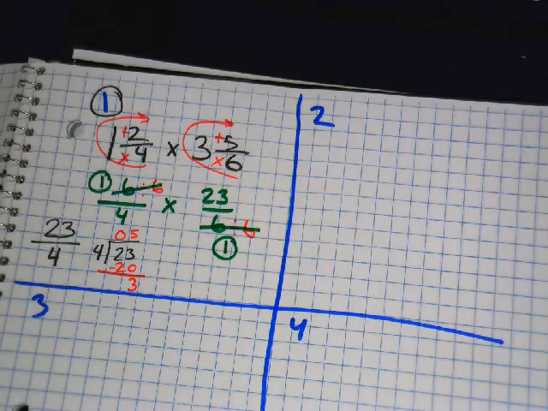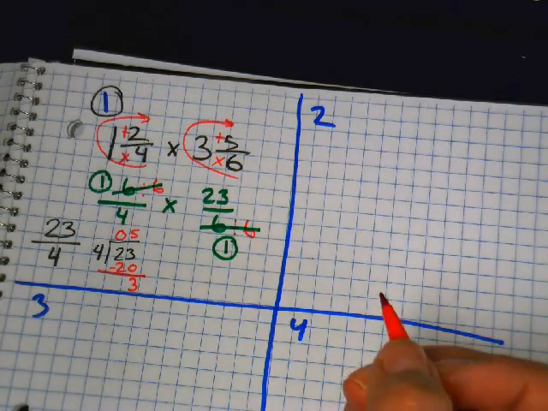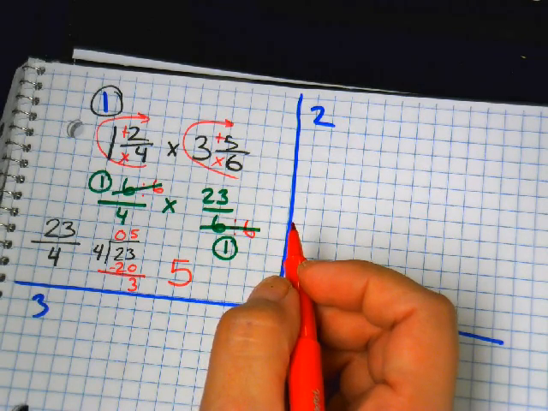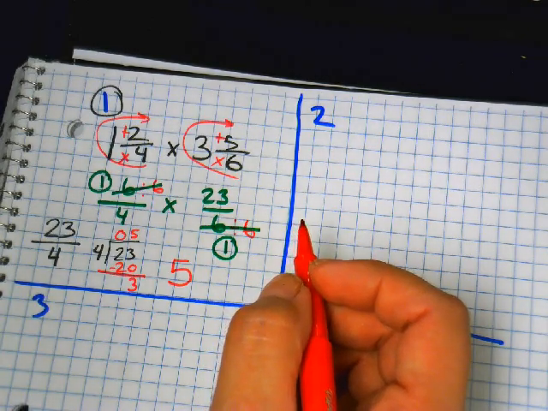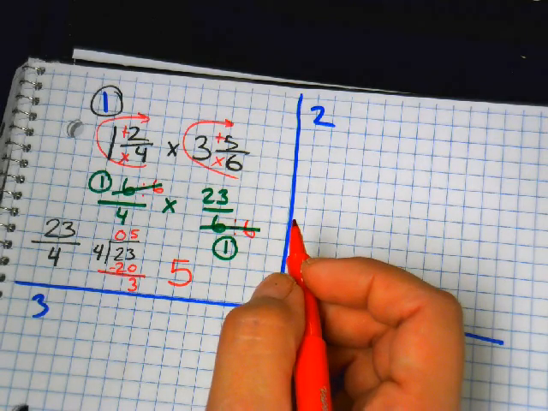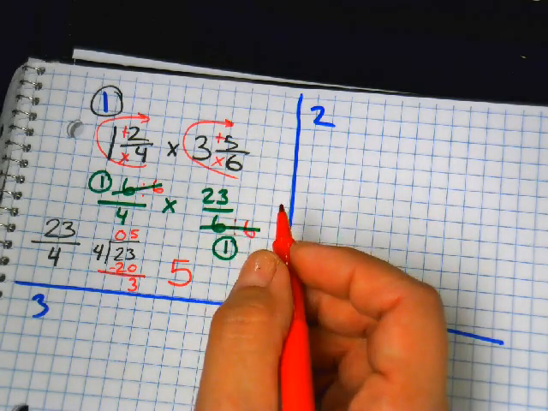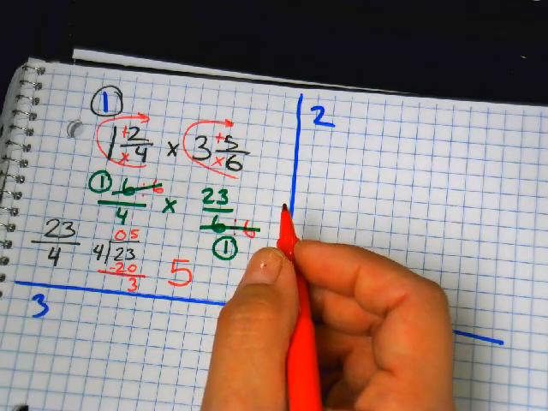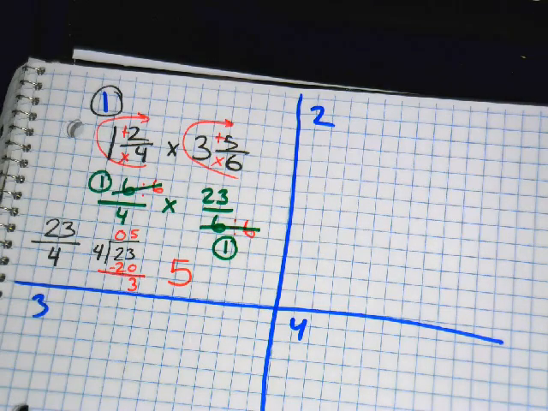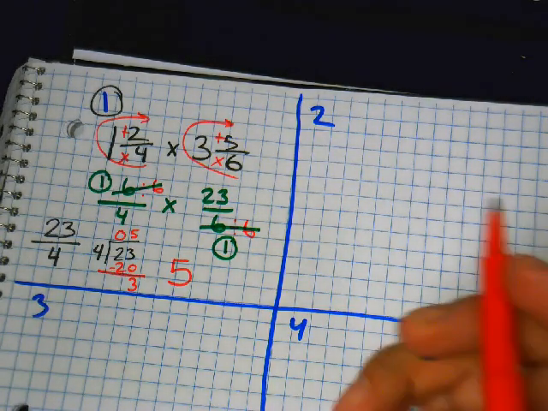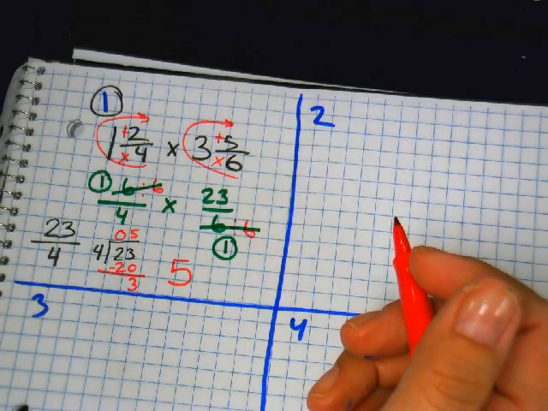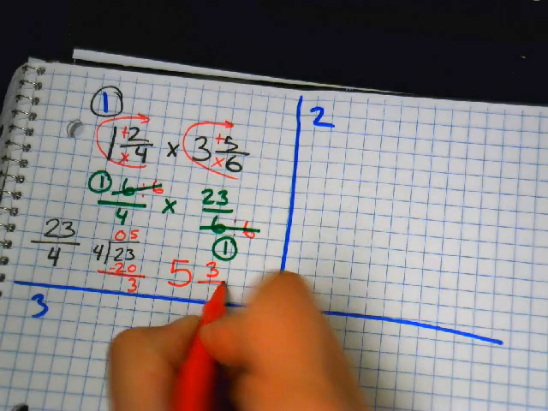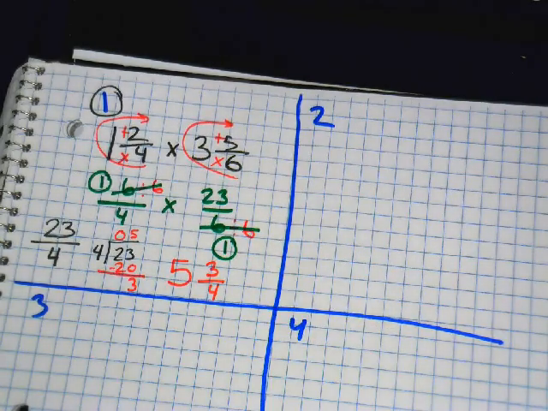So 5 and what? What's our remainder? It's 3. 3 over 4.